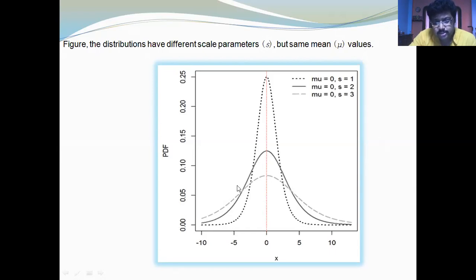As much as the serve is great, the logistic distribution curve will have a more spread up PDF. Okay.